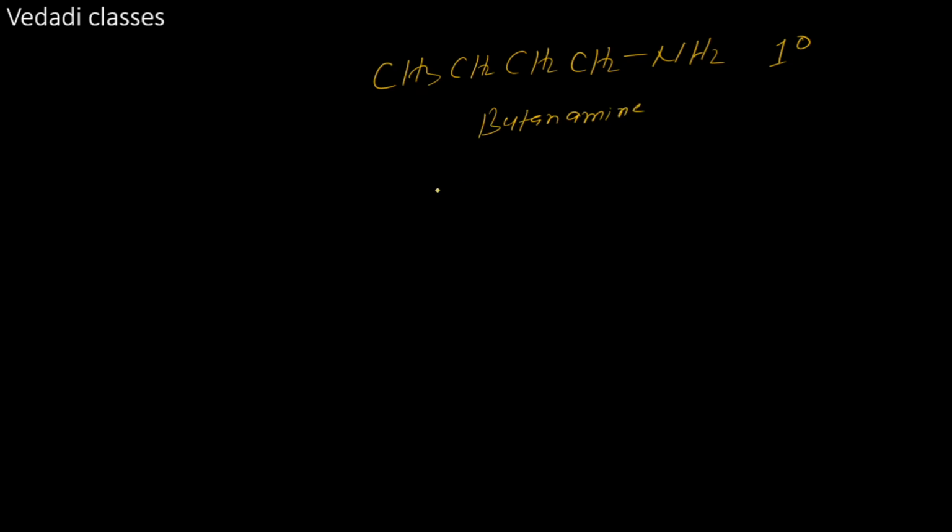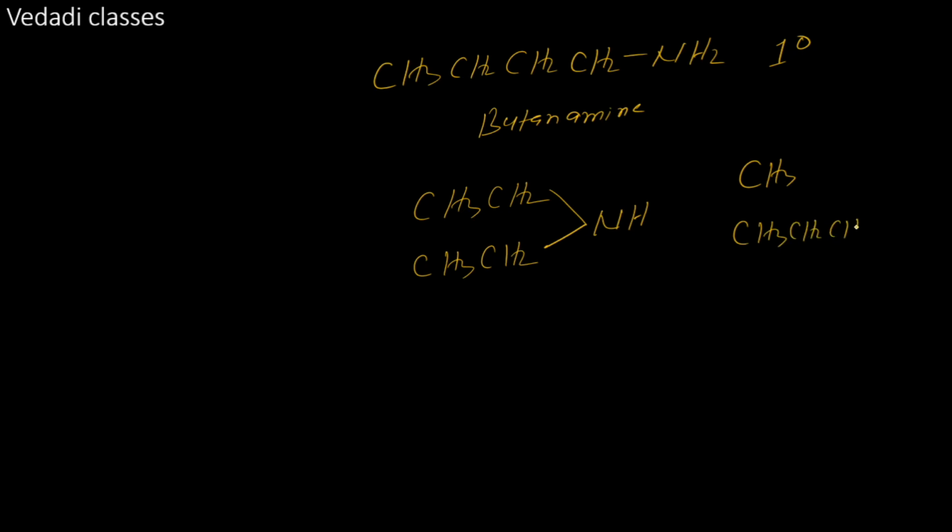Okay. Now, if you take the example of 4 carbon, a 2 degree amine is required. So we put CH3, CH2, NH, CH2, CH3. We can give some other combination too. We can also make CH3 over here, and CH3, CH2, CH2 over here.